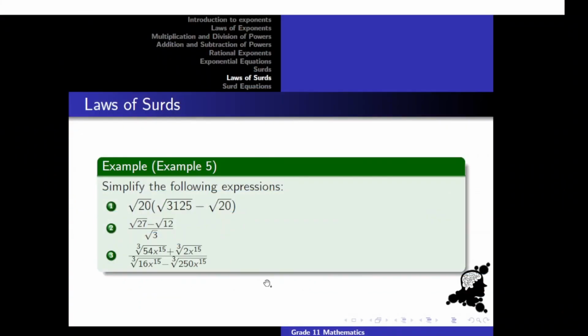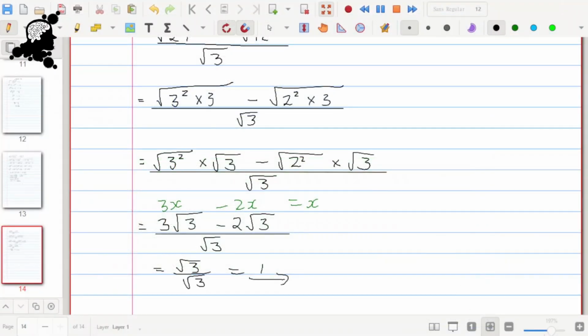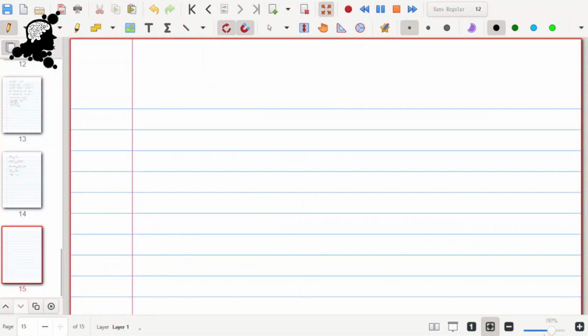Alright, we've got something interesting going on here. Let's copy down the question. So let's get a new sheet of paper. This time around, we have got the cube root of 54x to the power 15. Notice it's cube root, no longer square root.